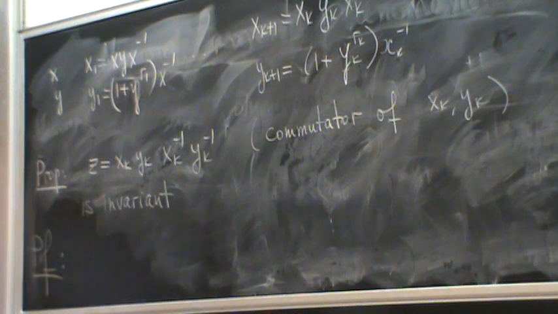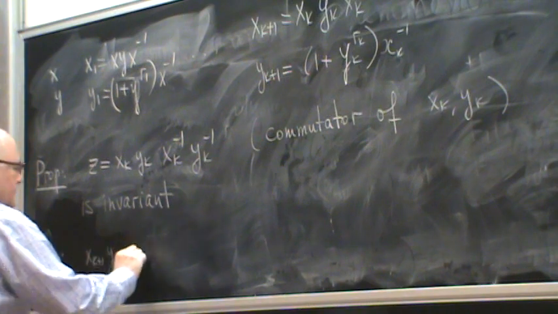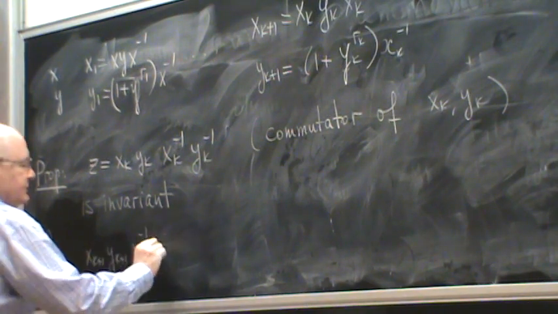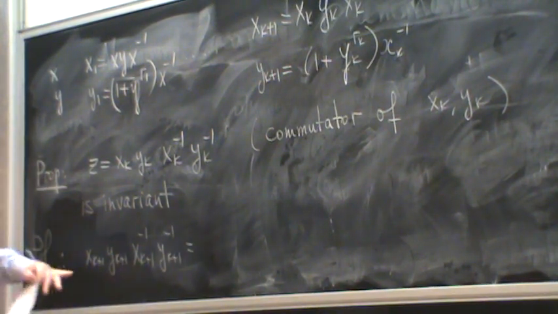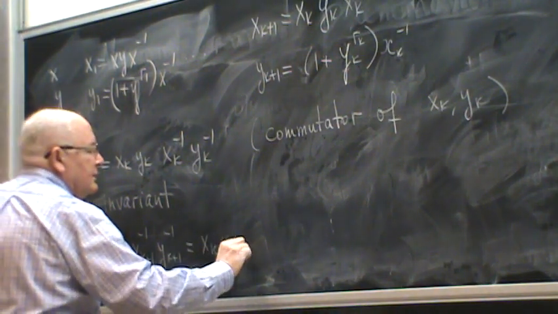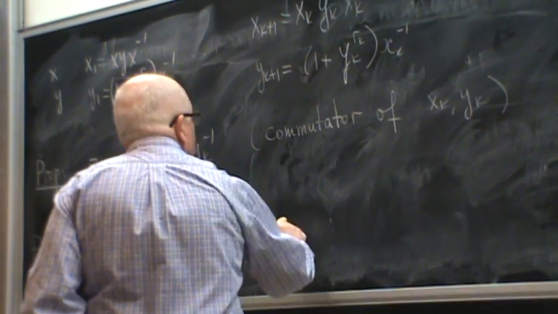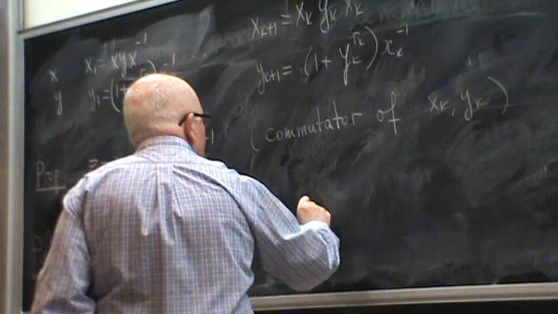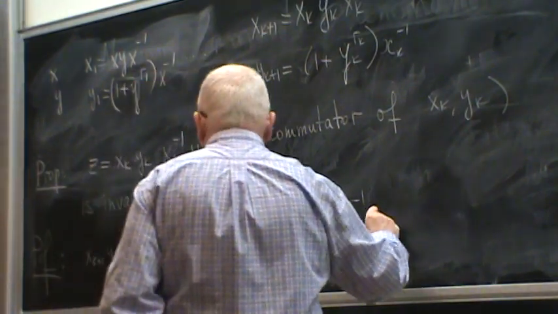Let me provide a proof to see that all proofs here are actually essentially trivial. So you have xk plus 1, yk plus 1, xk plus 1 inverse, yk plus 1 inverse. Okay, so let's use our definition. We have xk, yk, xk minus 1, for this you have 1 plus yk, xk minus 1.